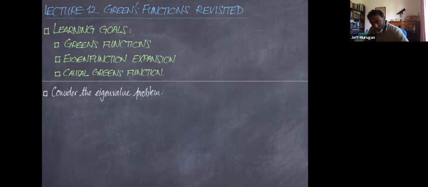Which looks like this. We're going to have some differential operator L acting on some set of eigenfunctions. Let's call them psi n. And this is going to be lambda n psi n.